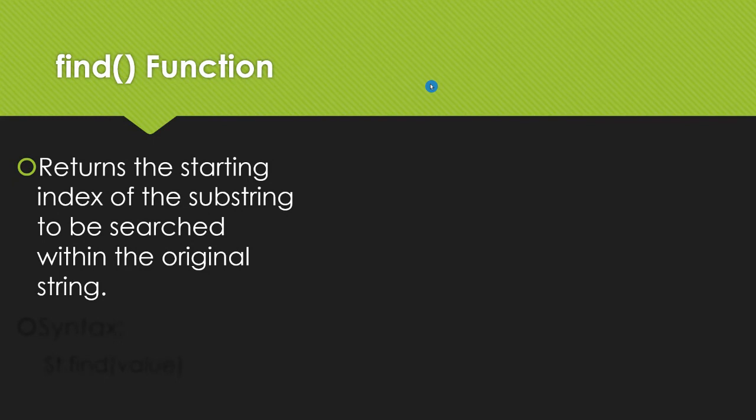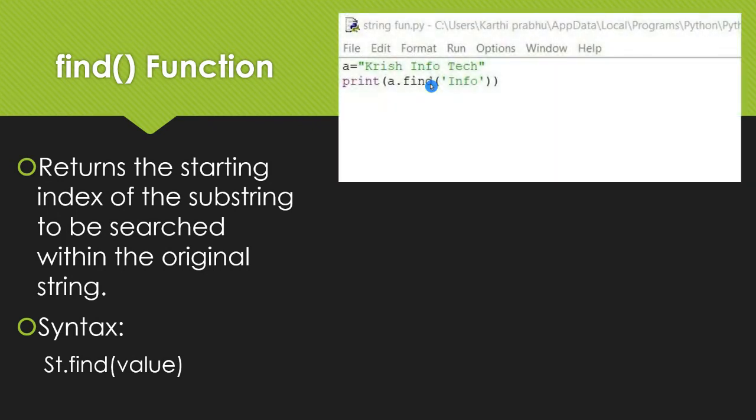The syntax is variable dot find, and within brackets we give the value we are searching. For the example, I'm giving the text, assigning the value to a, dot find is the name of the function, open bracket, and I'm giving the text as info. So now I'm checking whether this string has the substring info or not.